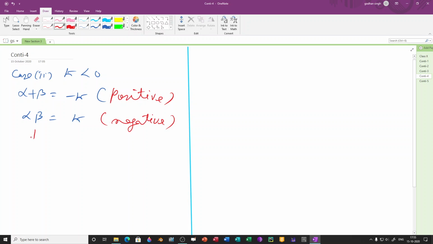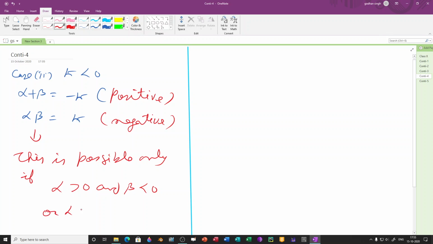And so this implies this is possible only if alpha is greater than 0 and beta is less than 0, or alpha is negative and beta is positive.